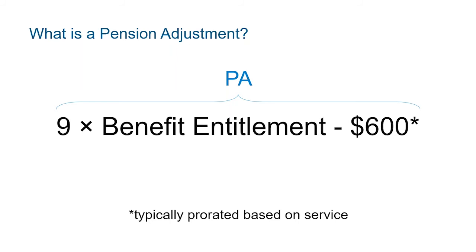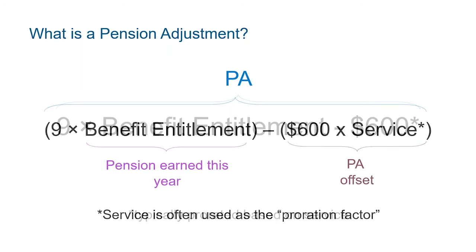Let's take a closer look at some of the elements of a standard defined benefit PA formula. Generally, PA formulas are pretty similar, but they can differ slightly based on the type of pension plan. The 9 is standard and is set out in the Income Tax Act, so that never changes.